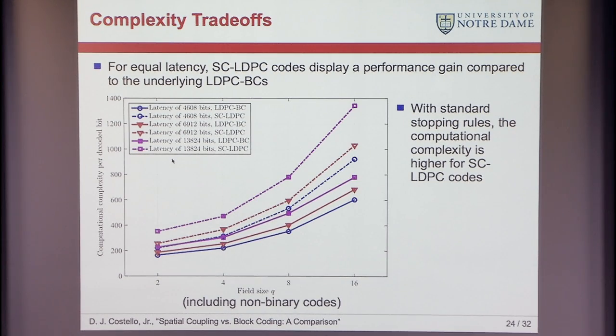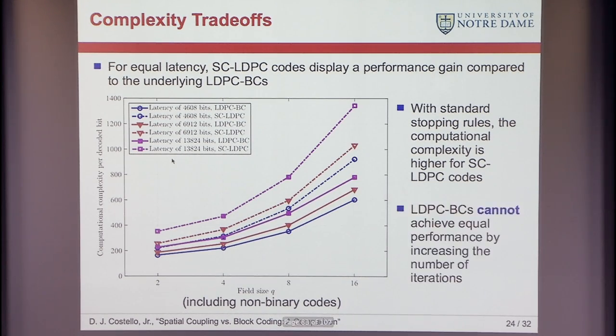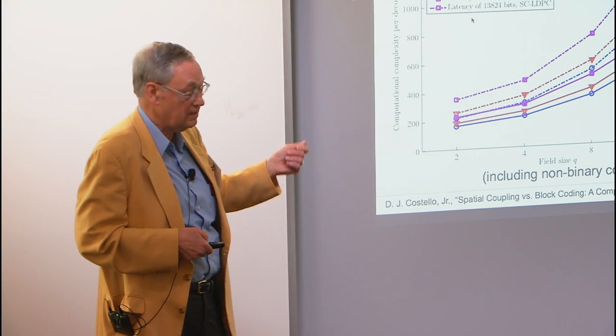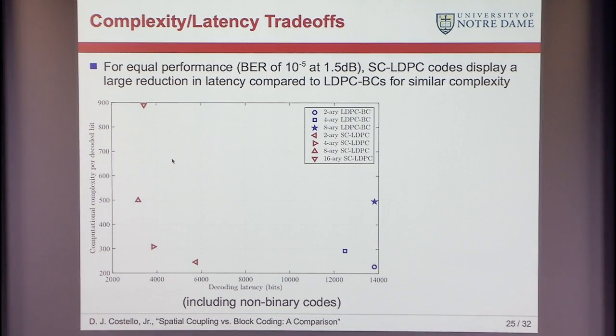Both codes were decoded with stopping rules. One thing to point out is you could give the block code more iterations, say, but it's never going to make up the performance gap. Okay, so the performance gap is there. It takes a little more computation to get it with this spatially coupled code, but for this latency, the block code will not be able to get there.